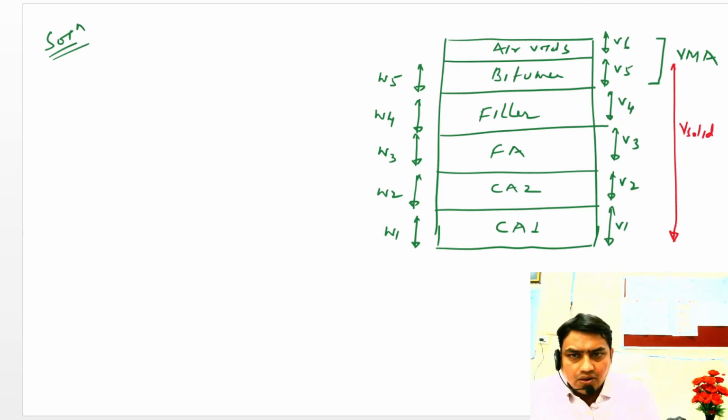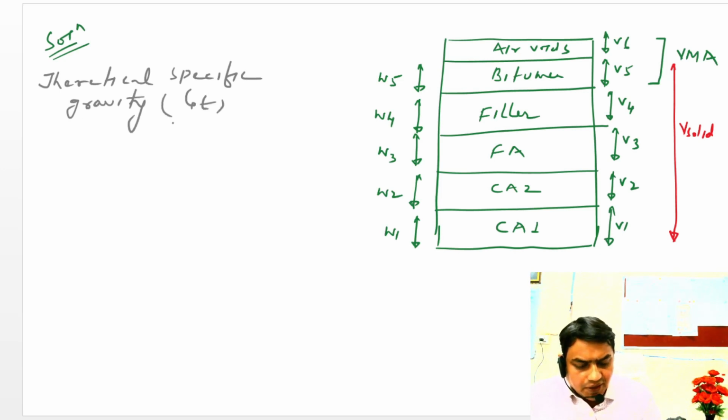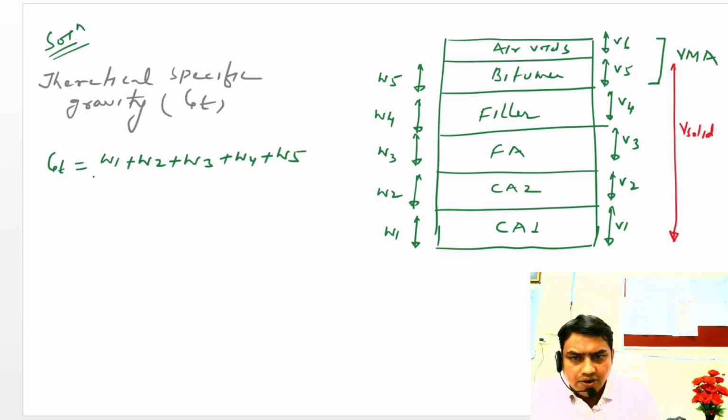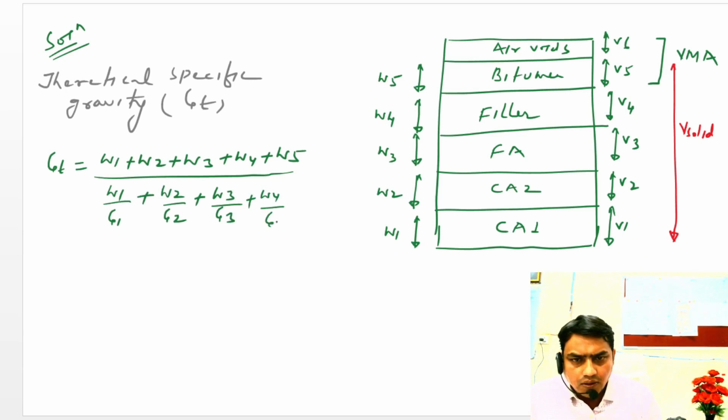So firstly we have to find the theoretical specific gravity. The theoretical specific gravity GT can be computed as GT is equal to W1 plus W2 plus W3 plus W4 plus W5 divided by W1 by G1 plus W2 by G2 plus W3 by G3 plus W4 by G4 plus W5 by G5.